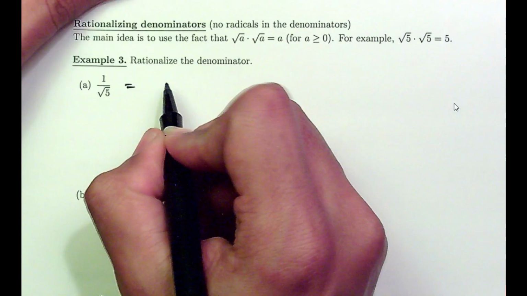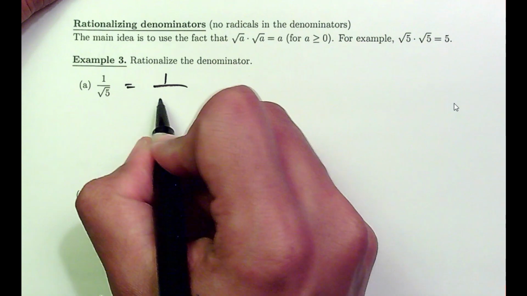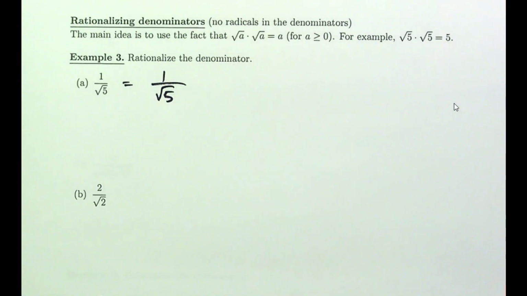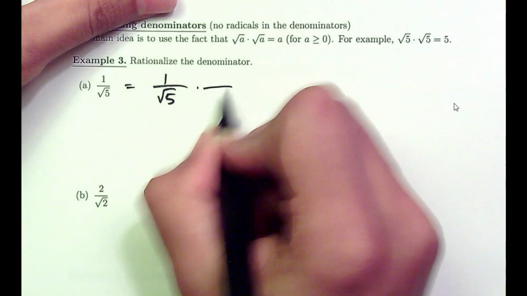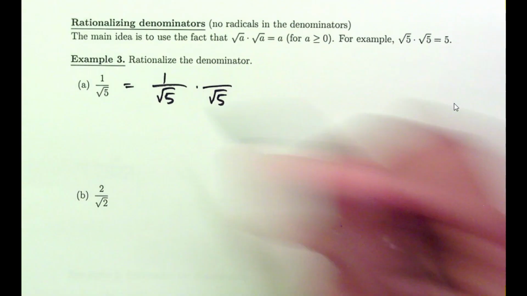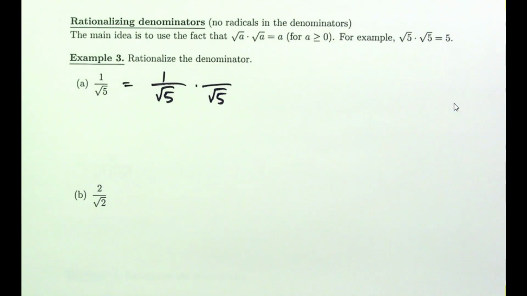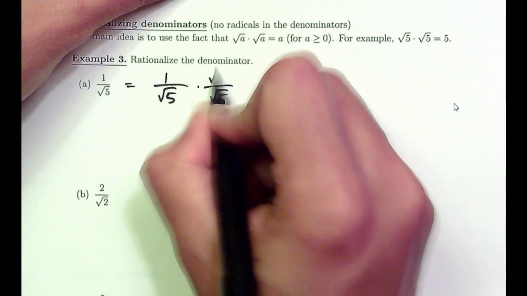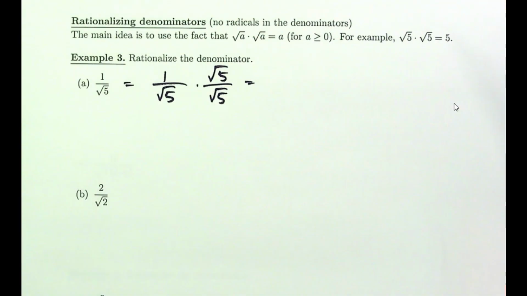Well, applying that idea, I can take that fraction and multiply top and bottom by square root of 5. I want to multiply the bottom by square root of 5 so that the radical disappears, but whatever you do to the bottom, you need to do to the top so that things are balanced.